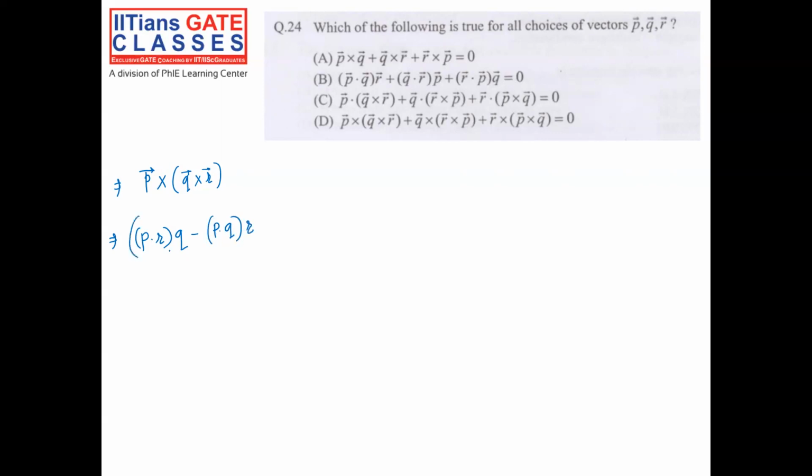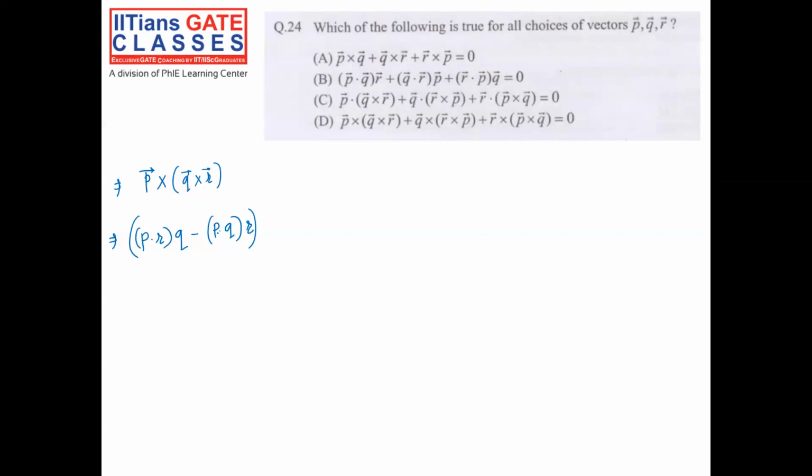Okay, so this makes it simpler. Why am I doing this? If we convert the cross products into dot products, then things will become simple to analyze, and we will go to the solution easily.